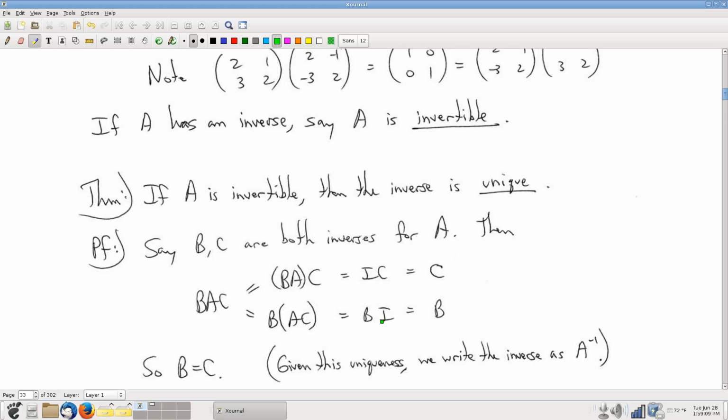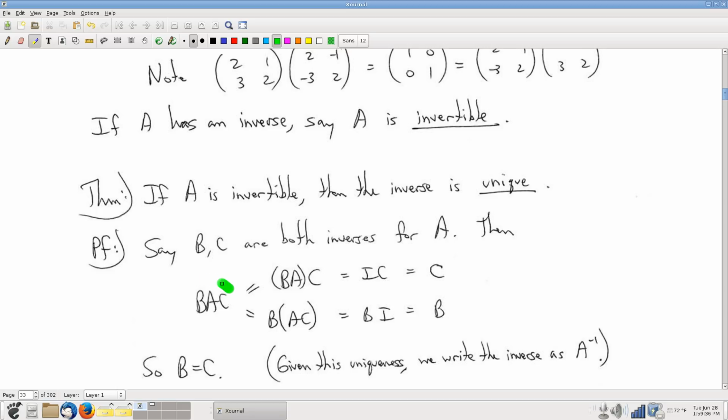So on the one hand, this expression that we don't seem to care about is equal to C. On the other hand, you can group it the other way. Again, matrix multiplication is associative. And because C is an inverse for A, I know that AC is the identity. And of course, the identity times anything is that thing.